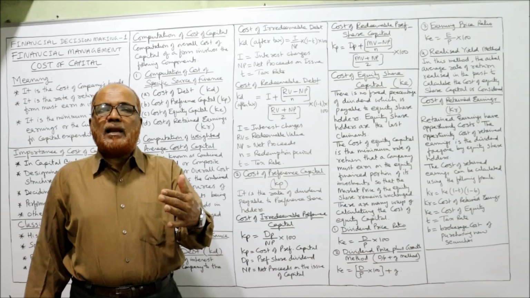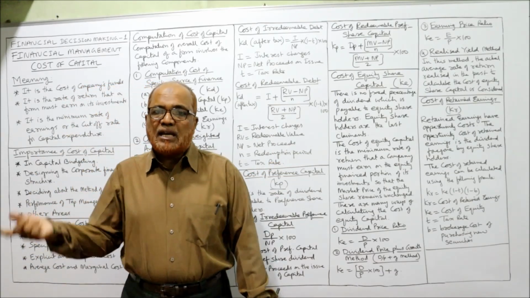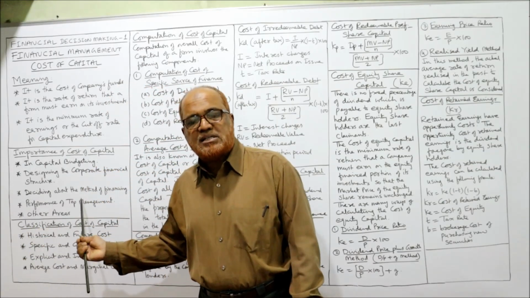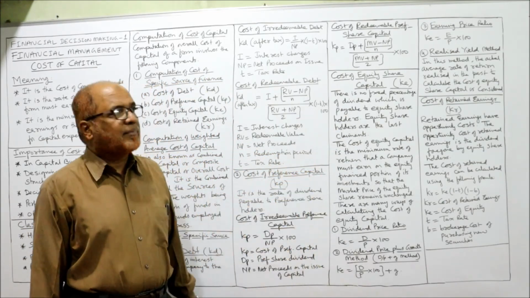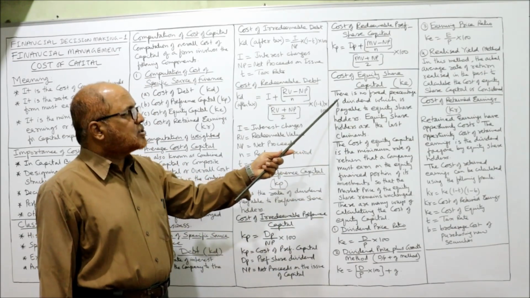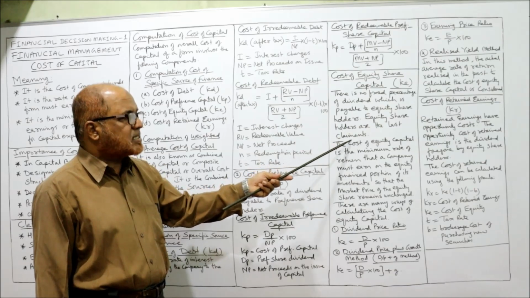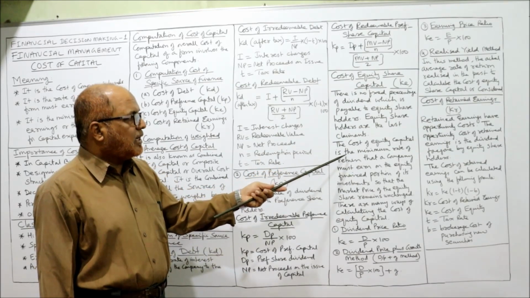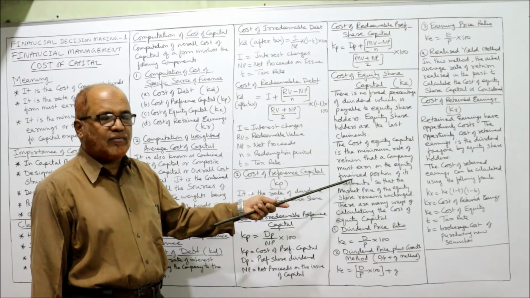It is difficult to calculate cost of equity because there is no fixed rate. There is a fixed rate in case of debentures, there is a fixed rate in case of preference. No fixed rate in case of equity. So there is no fixed percentage of dividend which is payable to equity. Equity shareholders are the last claimants. The cost of equity capital is the minimum rate of return that a company must earn on equity share finance.